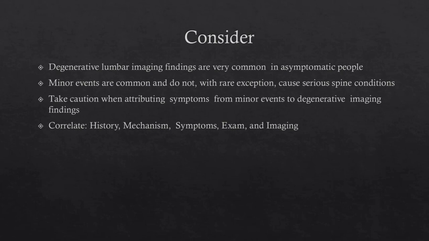So take caution when attributing a minor event to a degenerative imaging finding, and always correlate the history, the mechanism, the exam, and the imaging before making a clear-cut diagnosis, especially before proceeding with major interventions such as severe spine surgery, fusion surgery, etc.